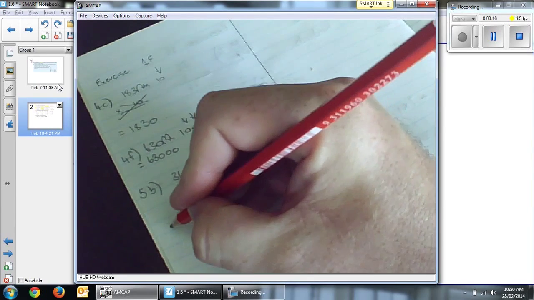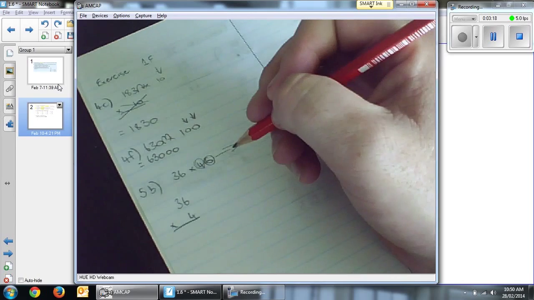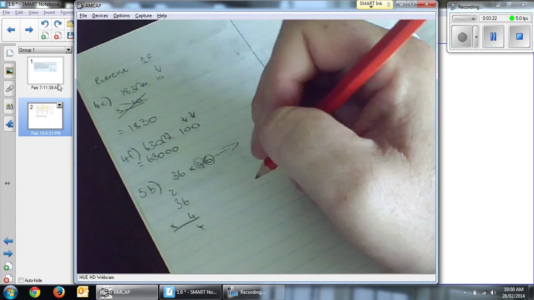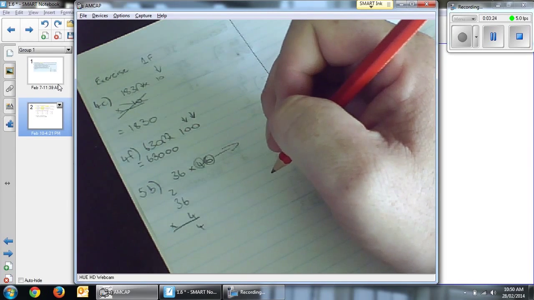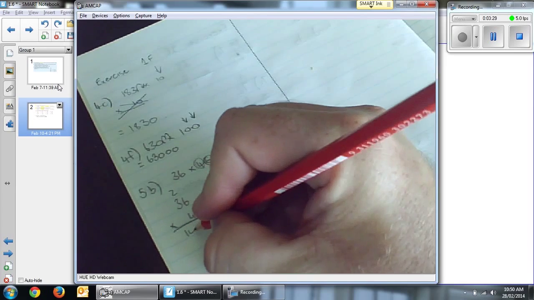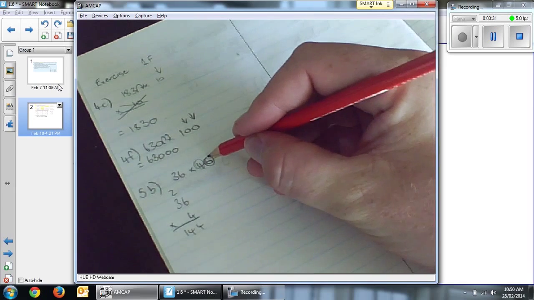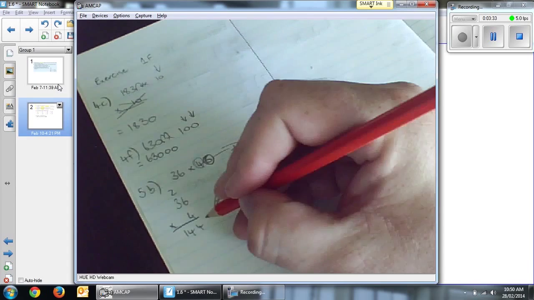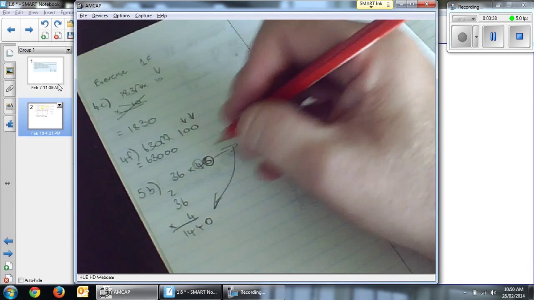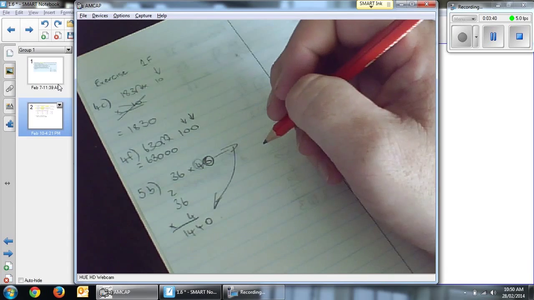Now, if you don't know what 36 times 4 is, you can always use the algorithm. So 4 times 6 is 24. And 3 times 4 is 3, 6, 9, 12, plus the 2, which is 14. And then all you do is you bring that 0 back on at the end to give you the answer. So you can take the 0 away and then you can put it back on.